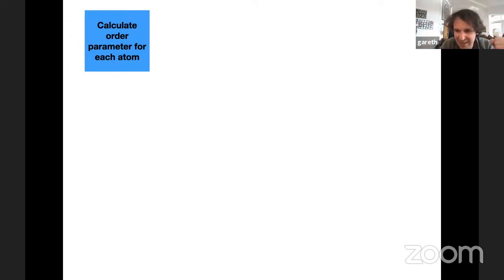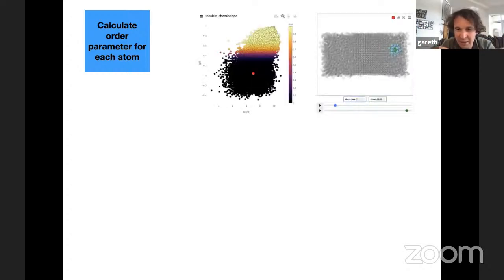And what this means when you calculate this order parameter for each atom is that we can take one configuration and calculate the probability distribution for the order parameter in that one system, because we have multiple instances of that quantity, one value of the order parameter for each atom in our system. So chemiscope allows us to construct these representations, and we can see what the order parameter is for every atom in our system.